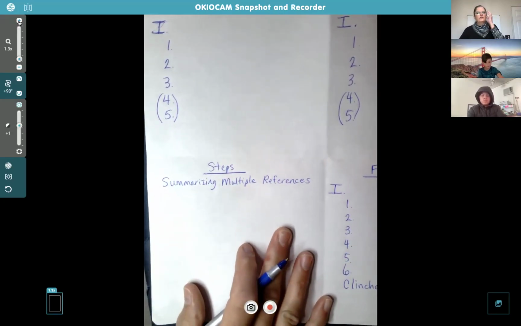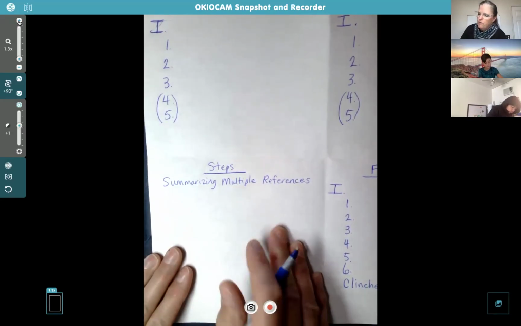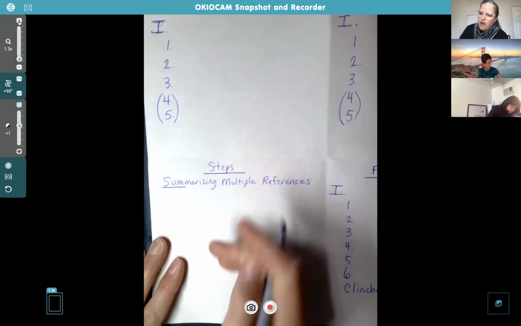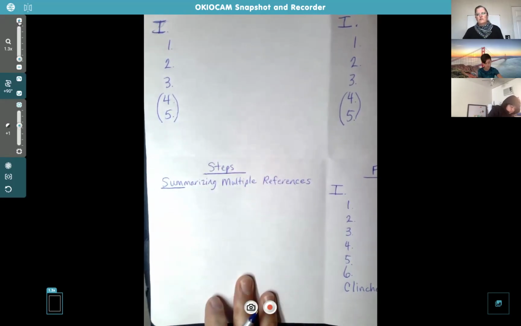Summarizing multiple references. Now, we did talk about summarizing references before we did all the picture writing and creative writing. Do you remember when we talked about summarizing? When you're summarizing something, are you telling everything that you read? What do you think, Sawyer? Not really.